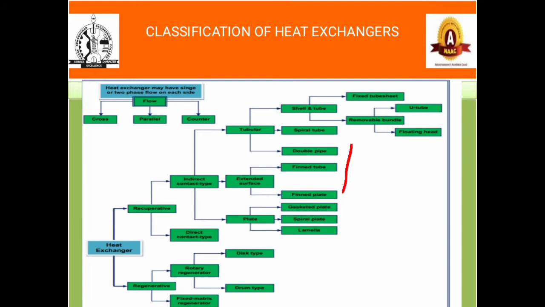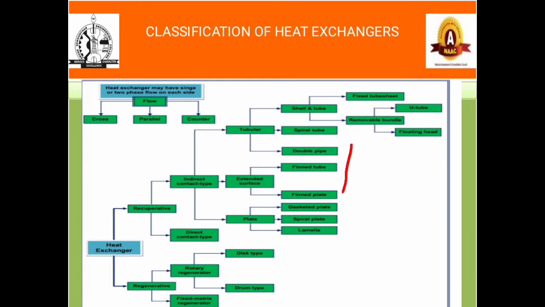In a parallel flow, hot and cold fluids flow in the same direction. In a counter current, the fluids flow in the opposite direction. Therefore, the heat exchangers are classified into counter current, co-current, and cross flow according to the flow nature.